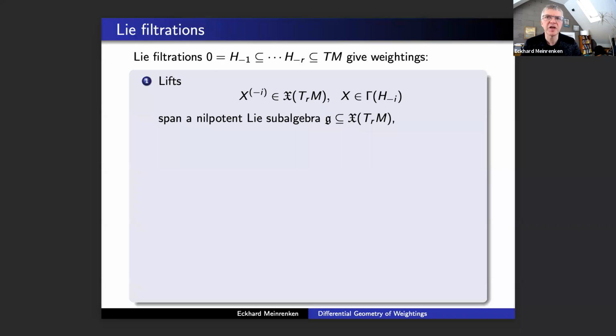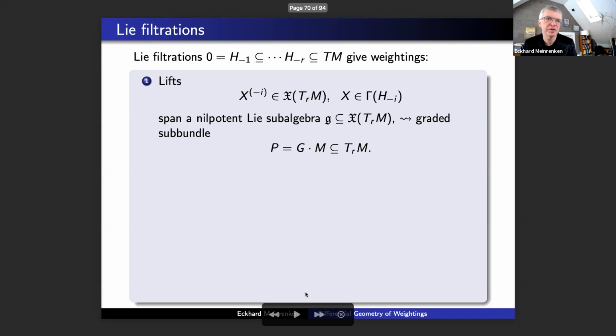It turns out to be equivalent. I mean, it's very easy to see. So it's a nilpotent Lie subalgebra, and hence you can look at the corresponding group of diffeomorphisms, and you can apply this group of diffeomorphisms to the zero section, so you get a flow out. So this is then some subbundle of TRM. Well, you check that it's a subbundle, and again, one of these graded subbundles. So it's invariant under the action of scalars.